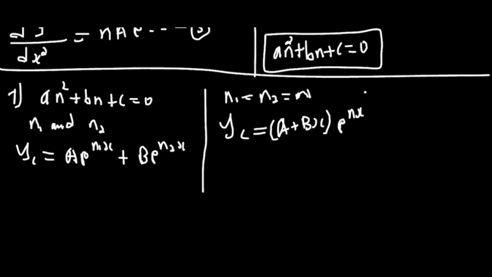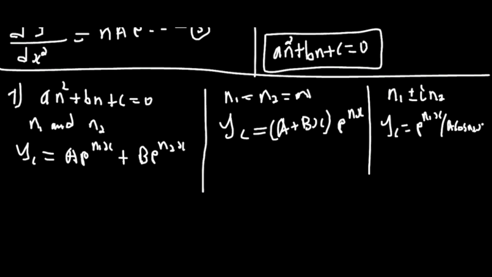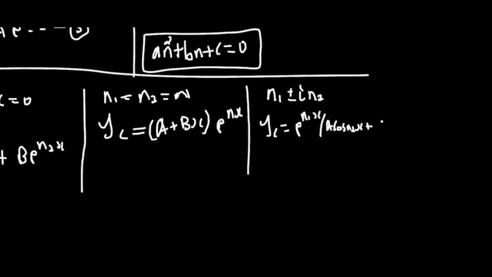And finally, if we have complex roots in the form n1 plus or minus i n2, then our complementary solution will simply be equal to e to the n1x into a cos n2x plus b sine n2x.